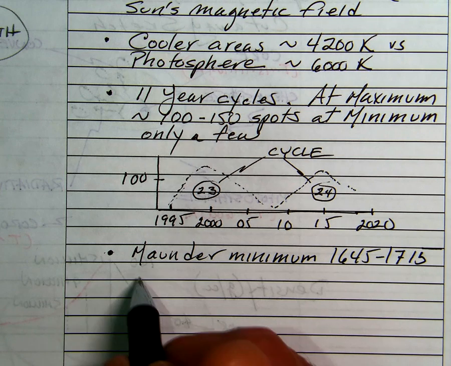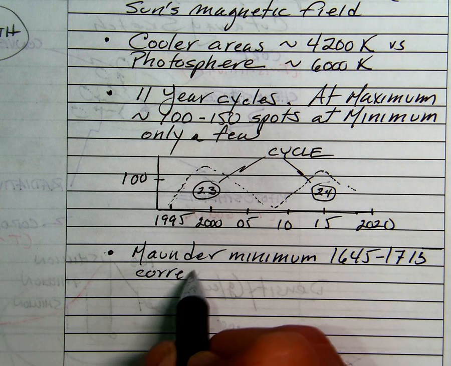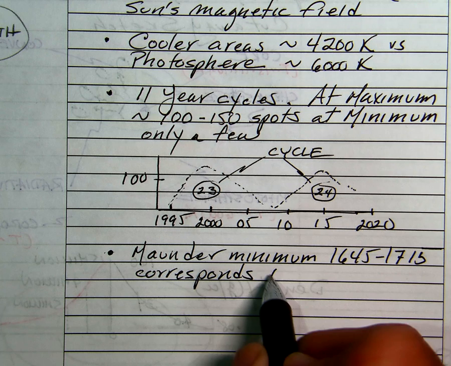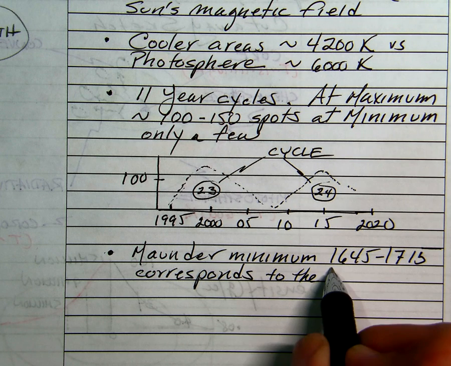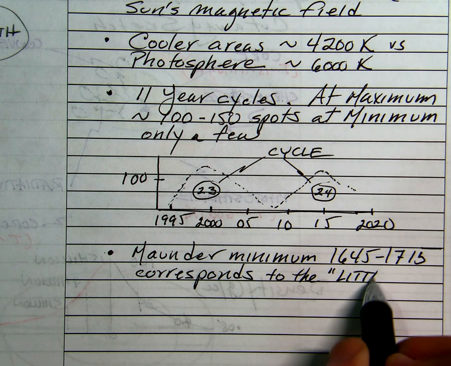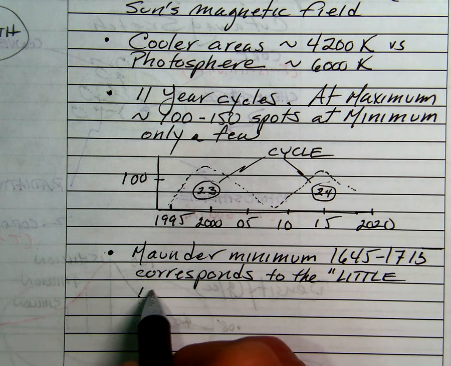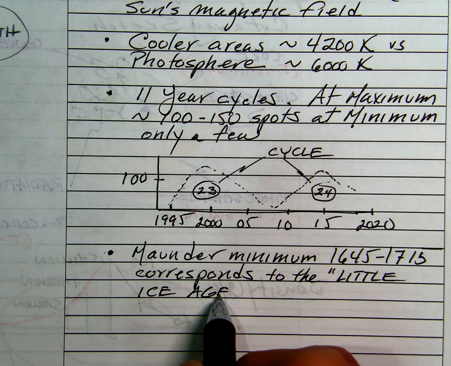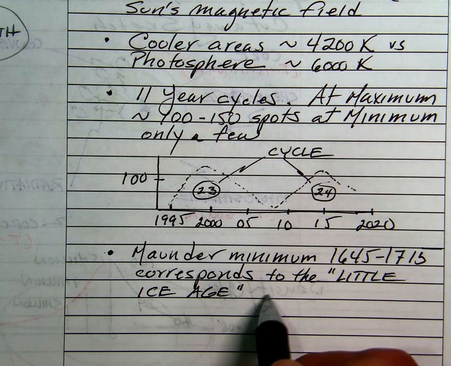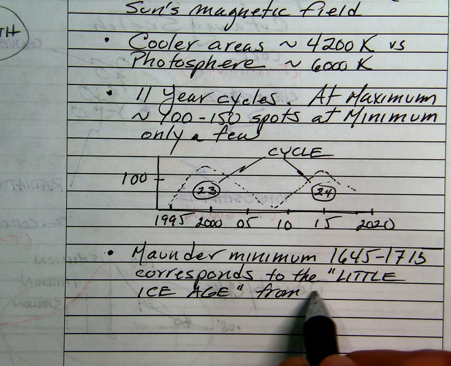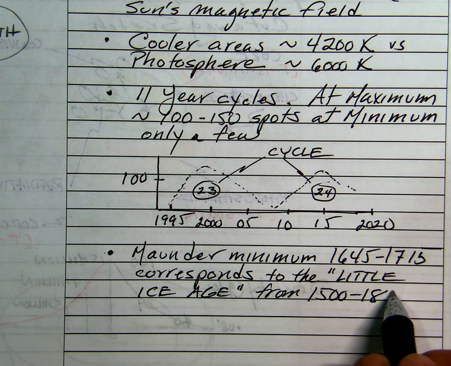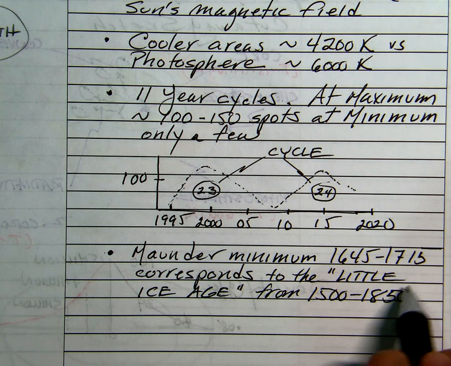It corresponds to the Earth's little ice age, which happened from the 1500s all the way to 1850.